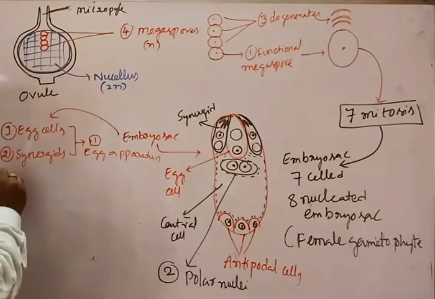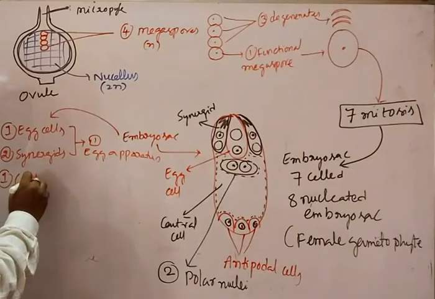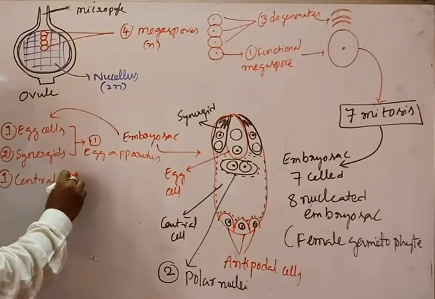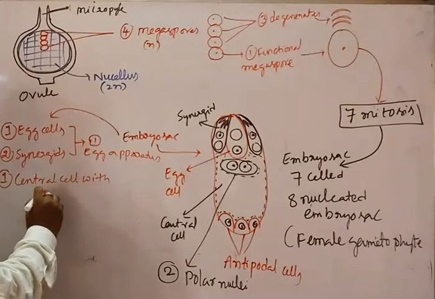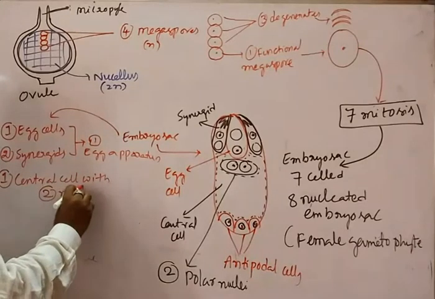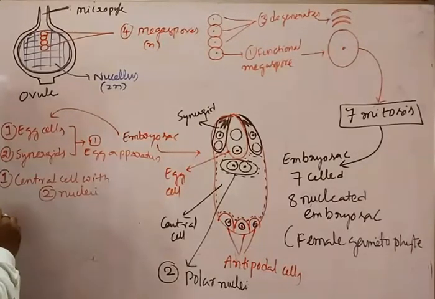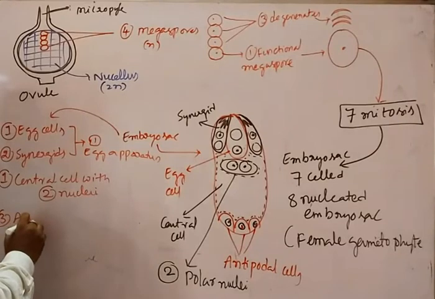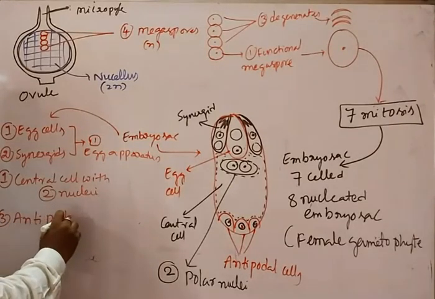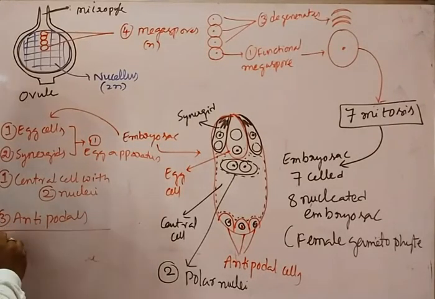Then 1 central cell with 2 nuclei. Then 3 antipodals. So total 7 cells and 8 nuclei.